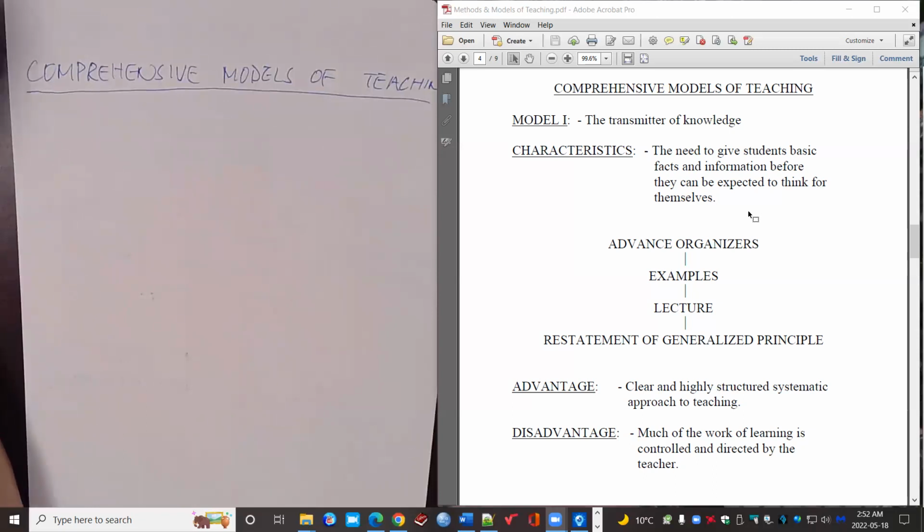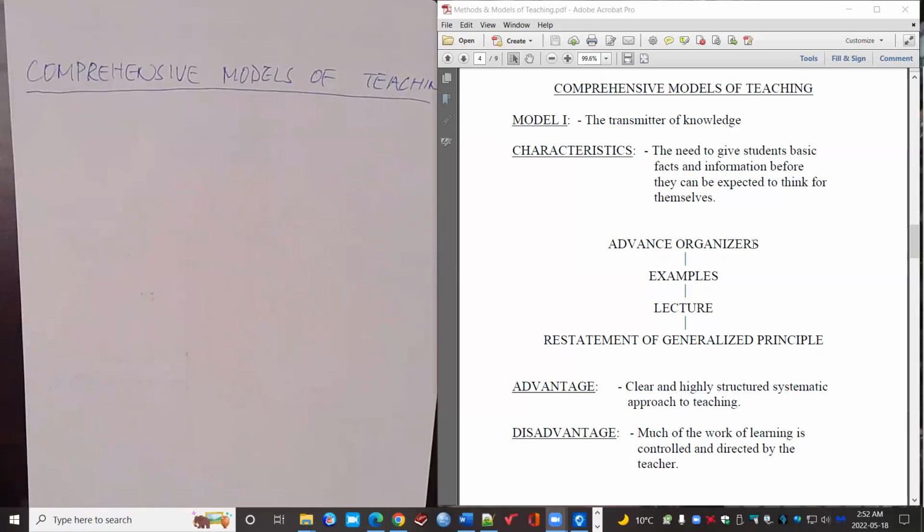This model emphasizes the need to give students basic facts and information before they can be expected to think for themselves. For example, start out with advanced organizers so as to give clear direction.